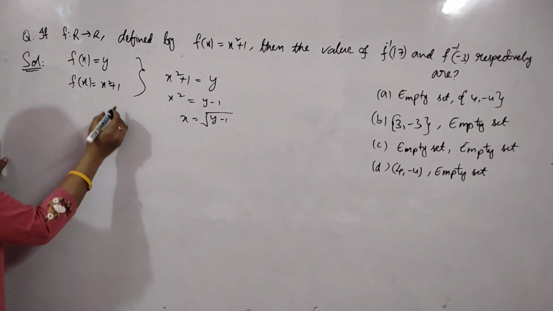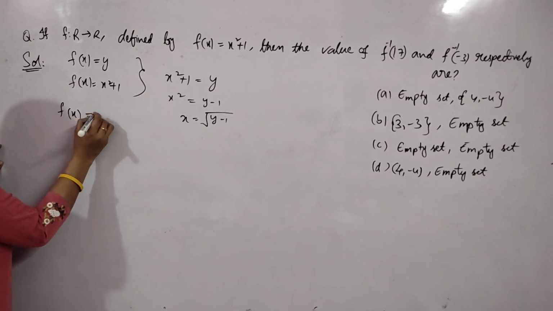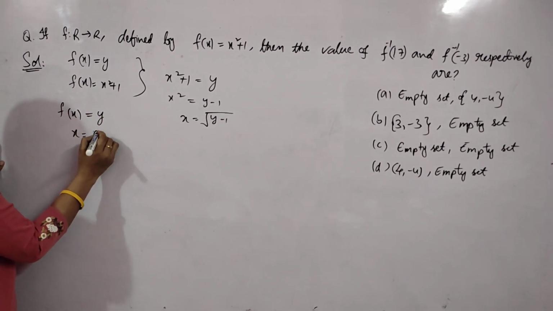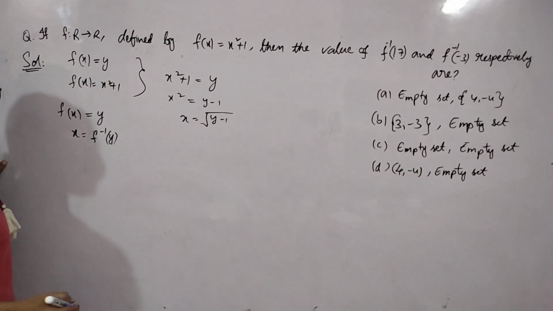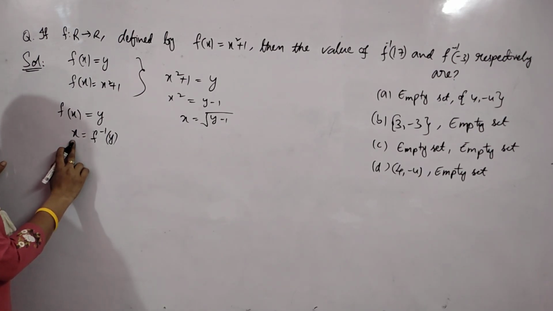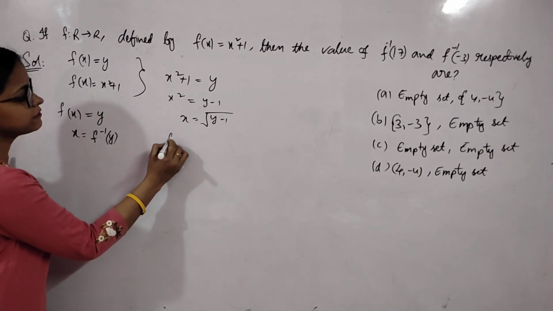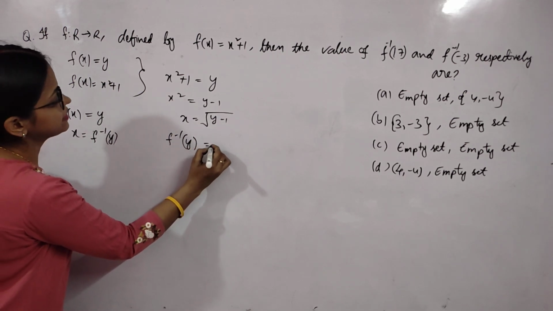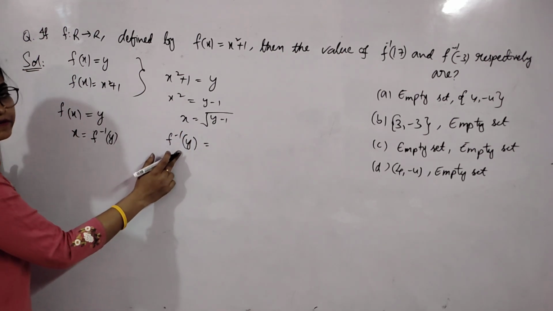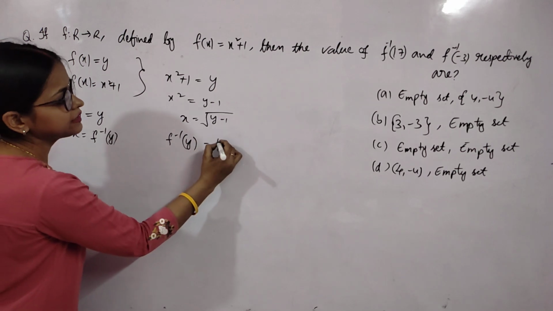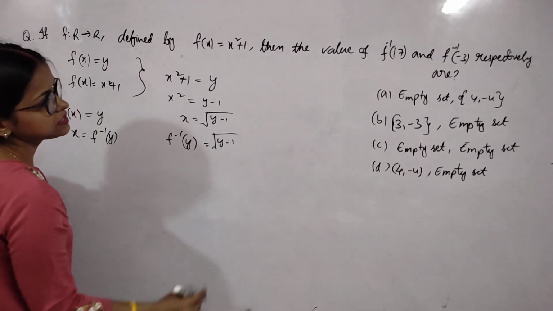Now since f of x is equal to y, then x can be written as f inverse of y. So in the place of x you can write f inverse of y. So f inverse of y is equal to root y minus 1.